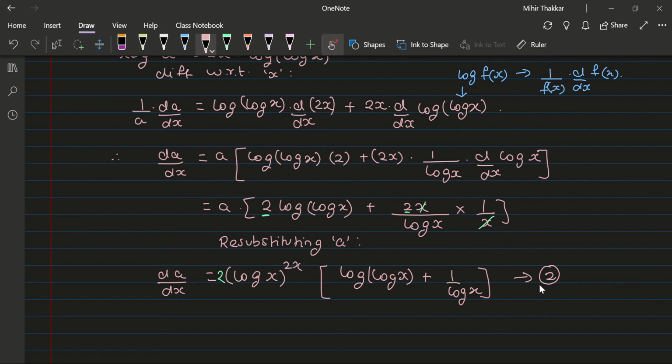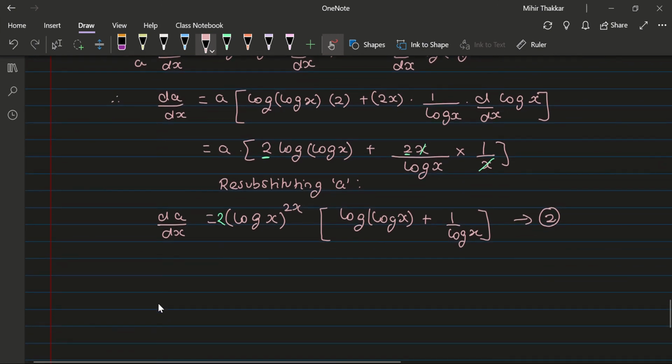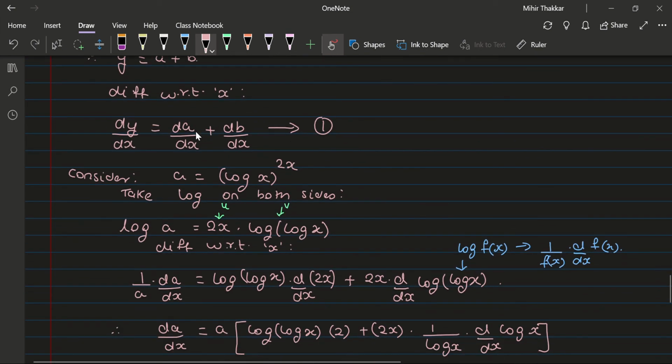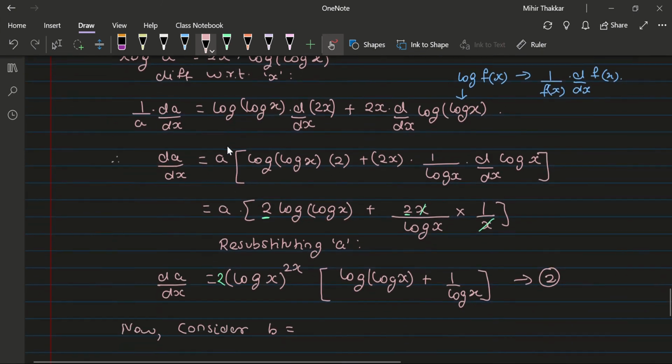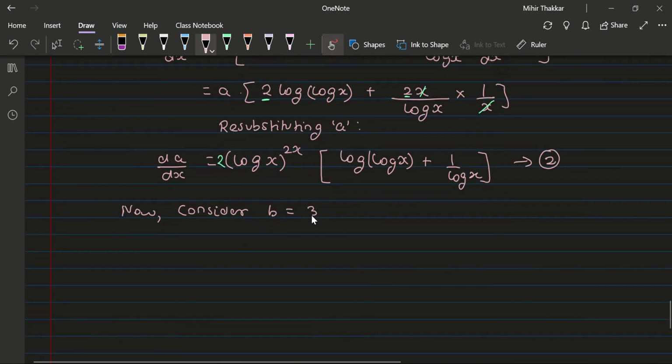Now we also have to find the value of the derivative of B. B is a very easy function, guys. It is just 3 to the power x. When I have B equal to 3 raised to x, you can directly consider this as a raised to x, and you know the derivative of a raised to x.